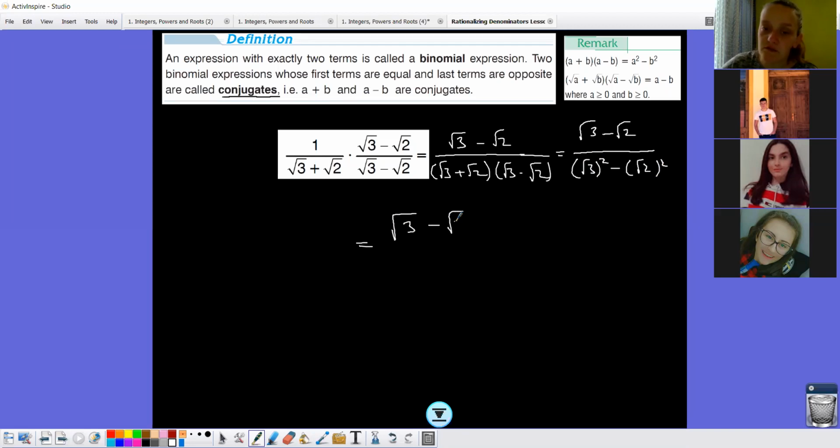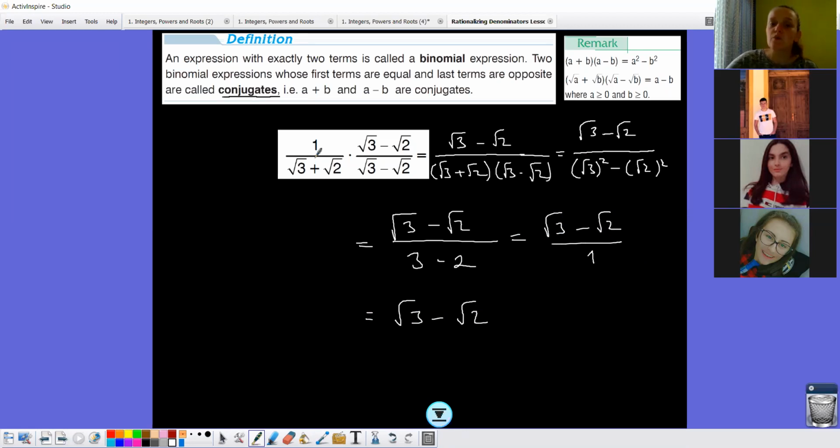Root 3 squared will be 3, root 2 squared will be 2, so 3 minus 2. So it will become root 3 minus root 2 over 1, which is root 3 minus root 2. As you see, we don't have any more radical expression or square root in the denominator. Okay? Did we understand?